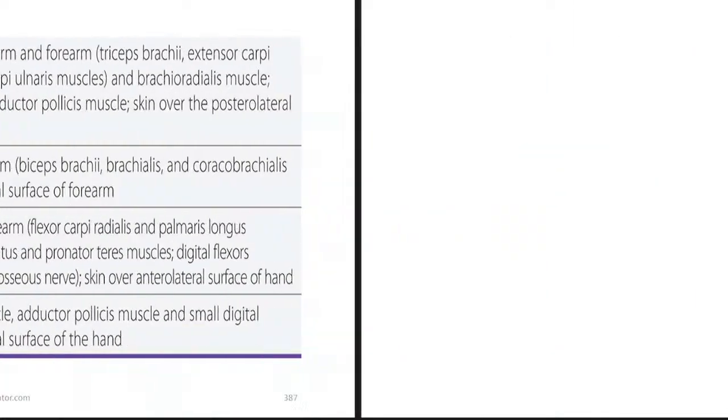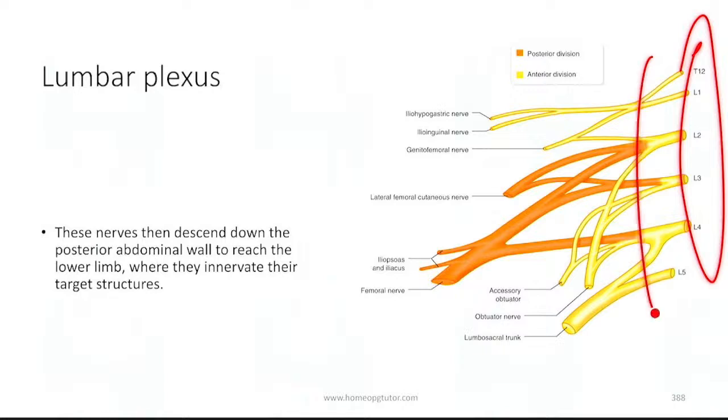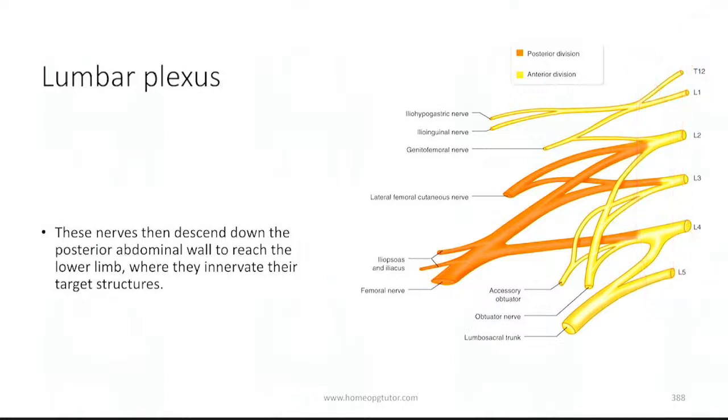Okay, next, going into the lumbar plexus. Again the same thing you remember: the roots, the trunk, the divisions, and the nerves. We have T12 to L5 roots which take part in the formation of lumbar plexus.